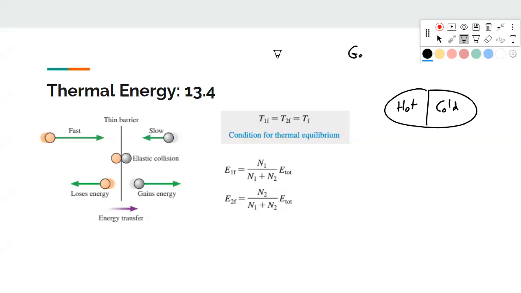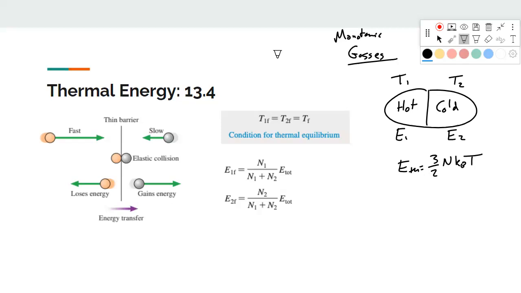So if these are monatomic gases, then that thermal energy is just 3/2 N kBT. And so we can calculate the energy for each side. We could call this E1, we could call this E2. And they have corresponding temperatures, right? T1 and T2.